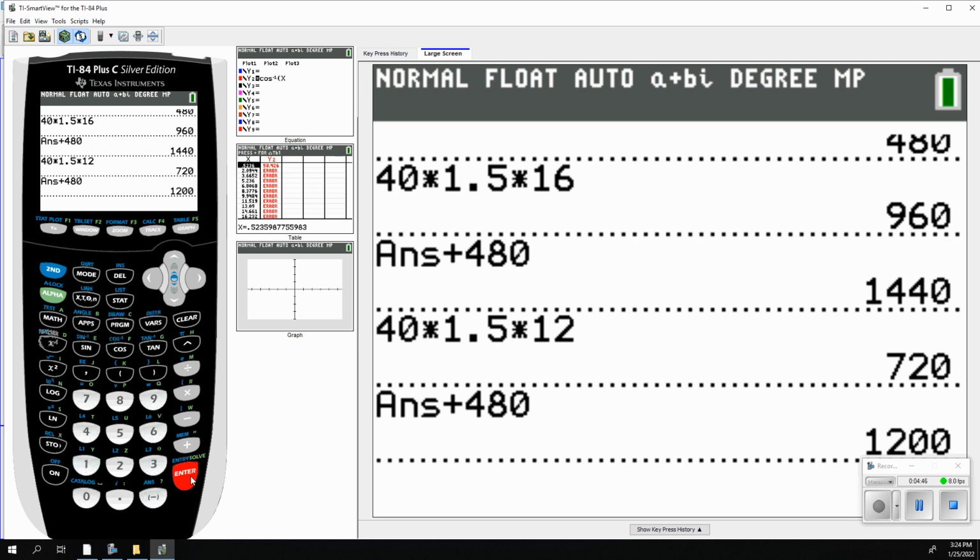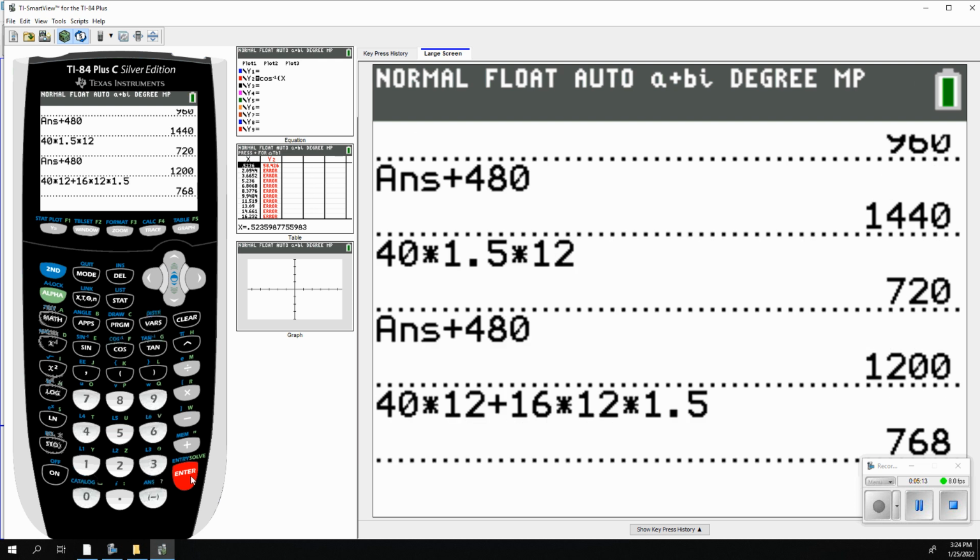It should be 40 times 12 plus 16 hours at 12 times 1.5. Should be 768, answer H.